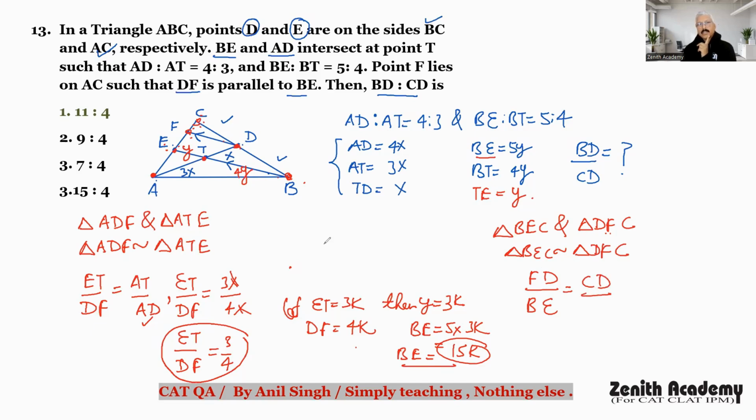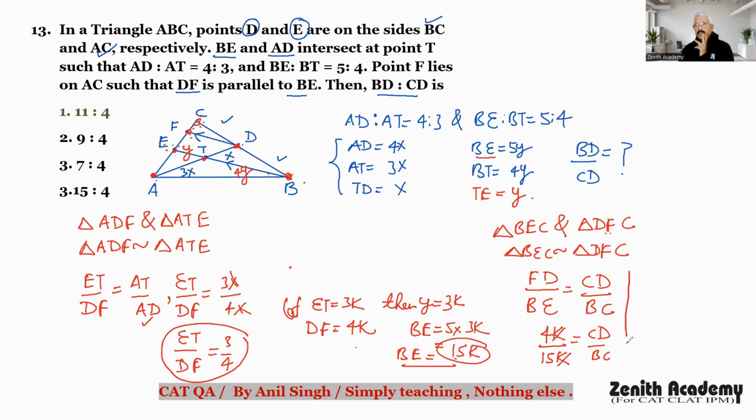So FD upon BE equals CD upon BC. FD or DF is 4k, and BE is 15k, so CD upon BC will be 4 upon 15.